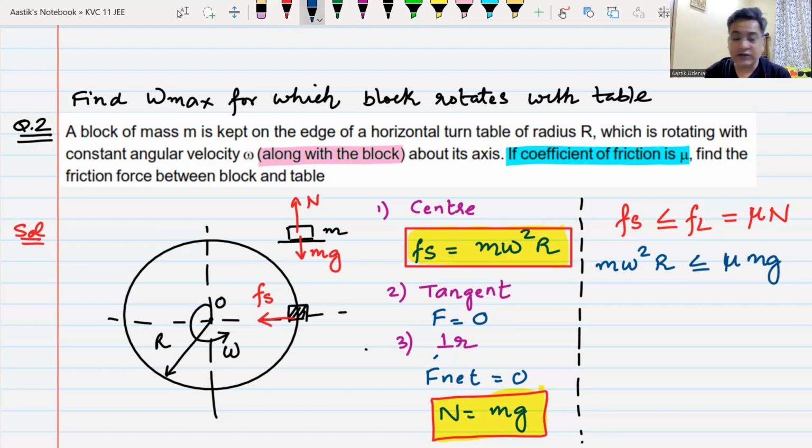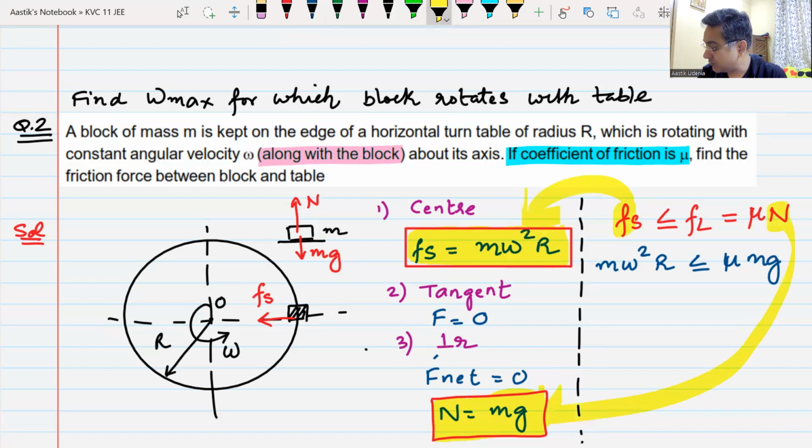I've just put the value of static friction from this equation, and the value of N from this equation. So m omega square into r will be less than or equal to mu mg, m and m cancel. So omega square will be less than or equal to mu g by r.